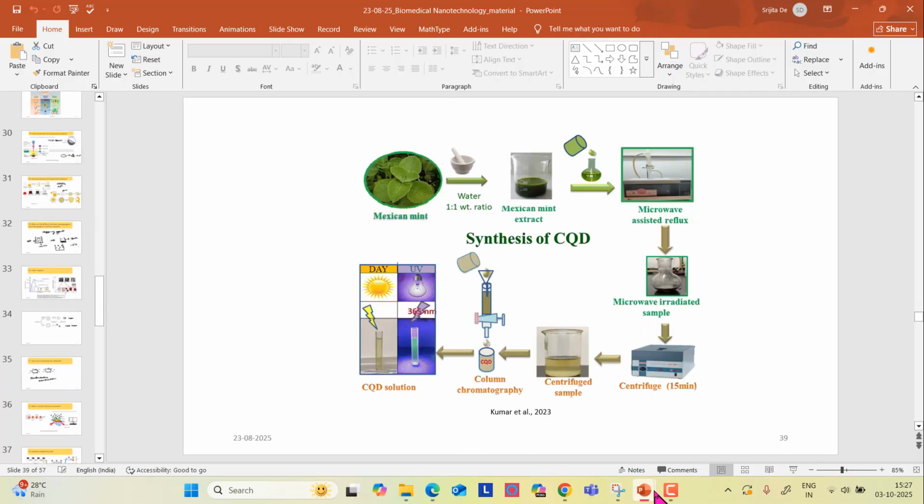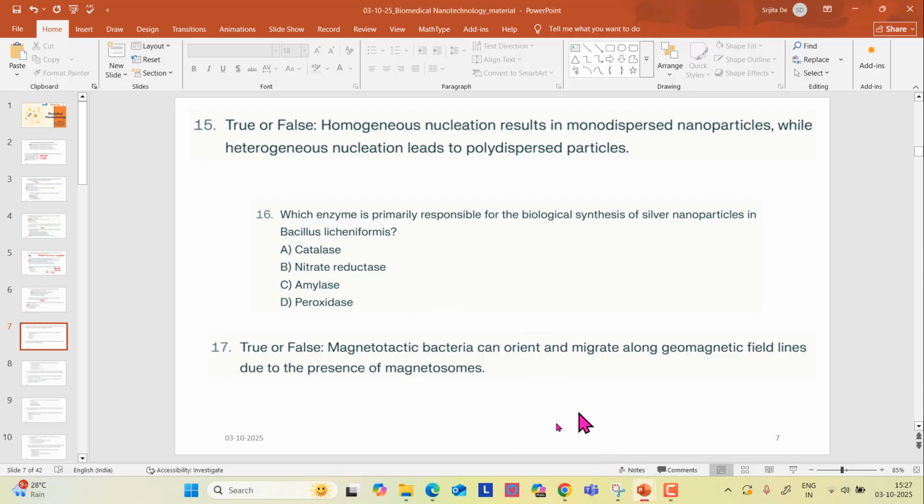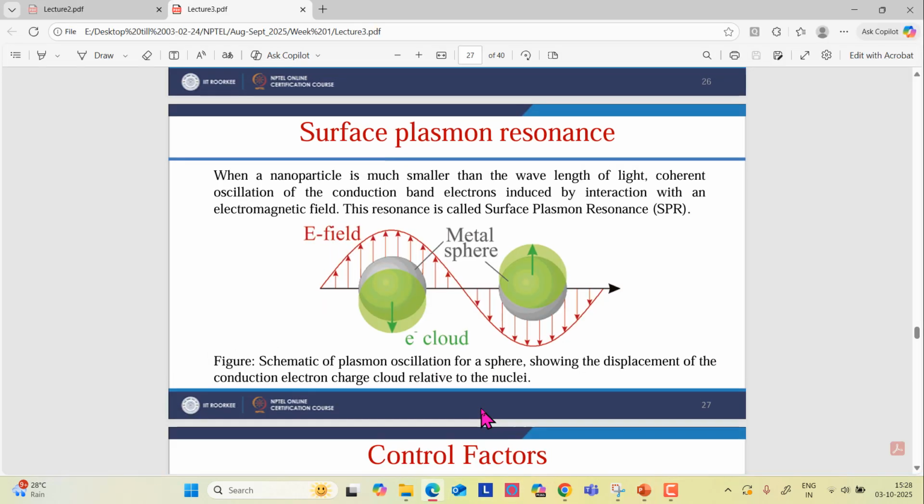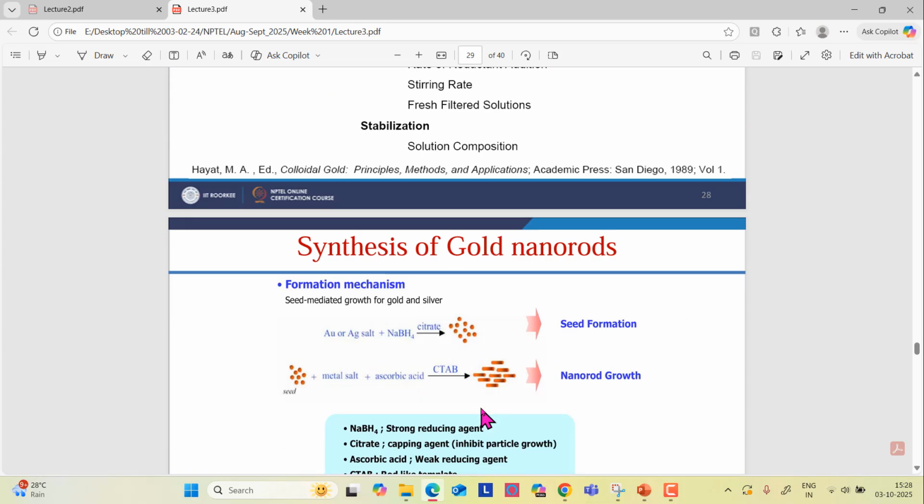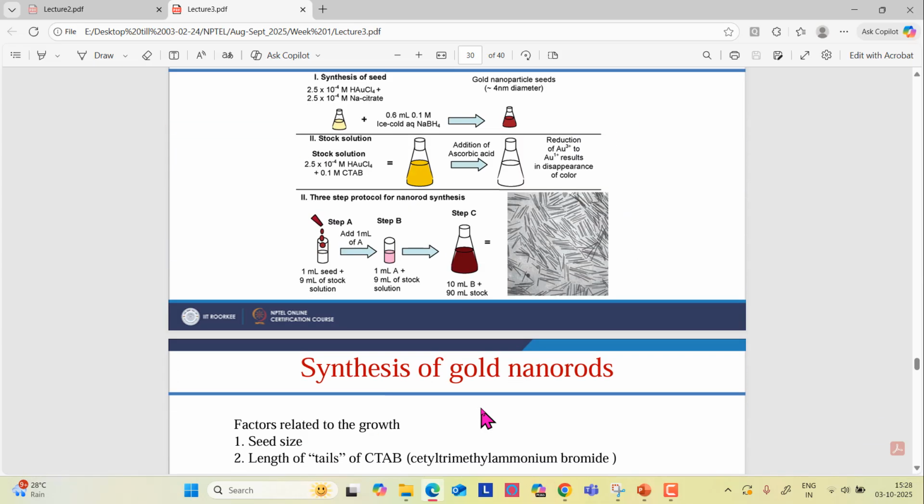You have seen earlier also that monodispersed means all the nanoparticles synthesized have a uniform shape. That is the monodispersed nanoparticles. And polydispersed means when they have different shapes, right? So what is said, see.